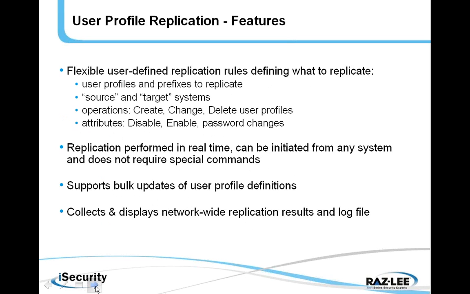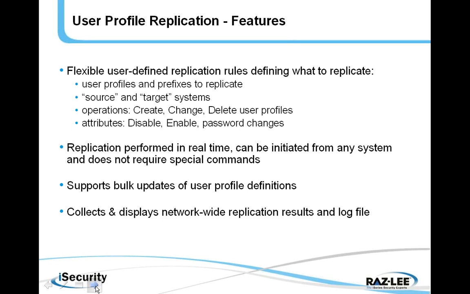The features of iSecurity user profile replication are as follows. First of all, the product provides flexible user-defined replication rules defining what to replicate. In other words, user profiles and prefixes which will be replicated, defining the source and the target systems, defining the operations, create, change, delete user profiles, which will affect the replication itself, as well as the attributes to be replicated, whether it's disable, enable, password changes, parameters, and more.